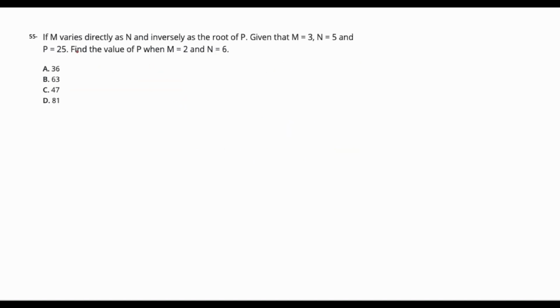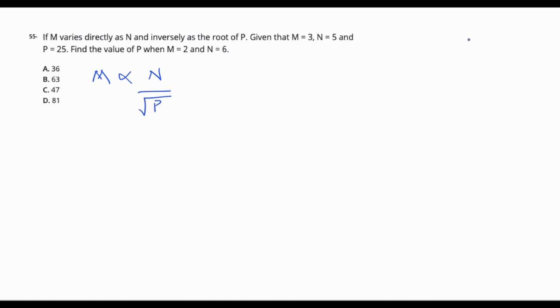Question 55 says, if m varies directly as n and inversely as the root of p, given that m is equal to 3 and n is equal to 5, and p is equal to 25, find the value of p when m equals 2 and n equals 6. So we're told that m varies directly as n and inversely as the square root of p.